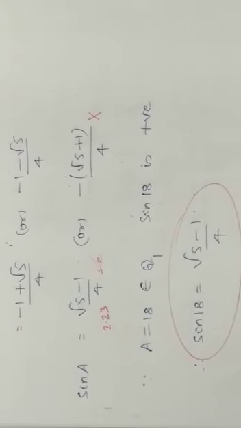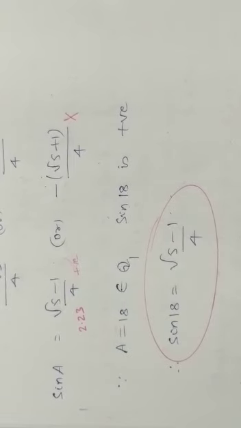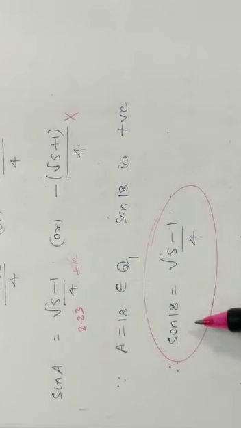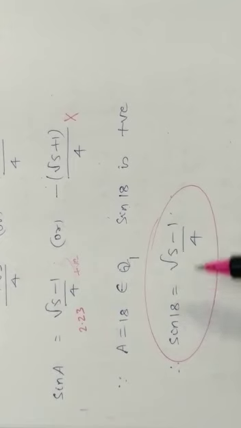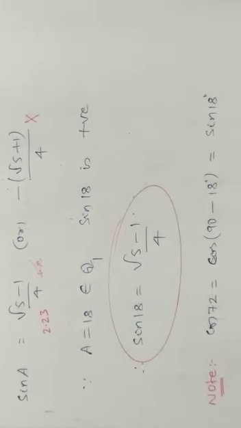So, sin 18 degrees equal to root 5 minus 1 by 4. In many of the problems we do further, you have to make use of this value. So, you are advised to learn the values of sin 18 and the observations which are to be discussed now.